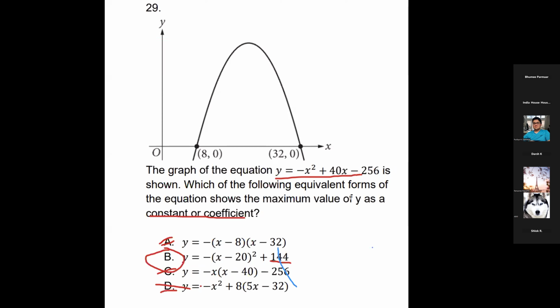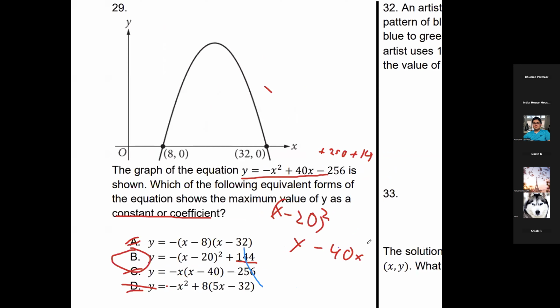It would be negative 256, and then you take x minus 20 squared, which would be x squared minus 40x plus 400, and then you just add 400 to this. So negative 256 plus 400 is 144.